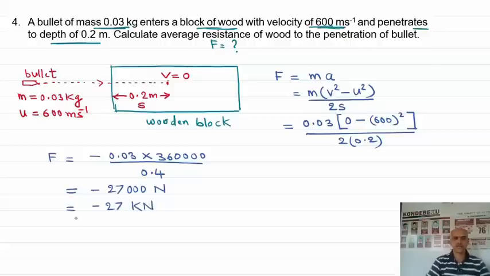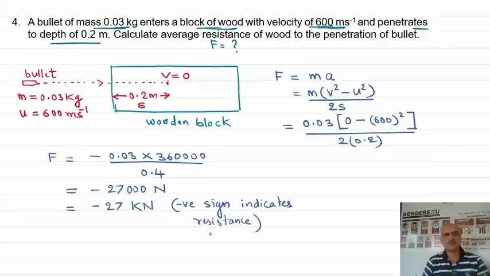Again you should write what a negative sign indicates. So negative sign indicates resistance or force is opposite to the direction of motion of the bullet. Or you can even write the force is opposite to the direction of the bullet. Clear? Okay. Next one, fifth one.